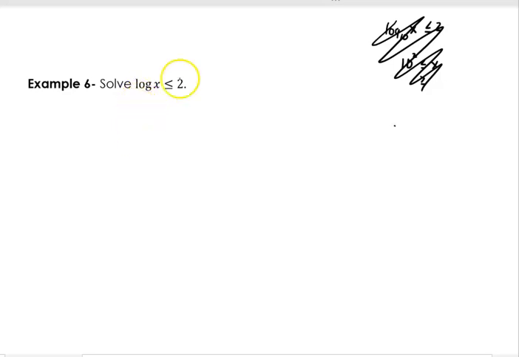And then I also know that if I have log base 10, I can do 10 to the power of log base 10, and that will cancel out. I know that will leave x. And so if I do that though, I have to do 10 to the power of 2 on the right-hand side, which I know is 100.